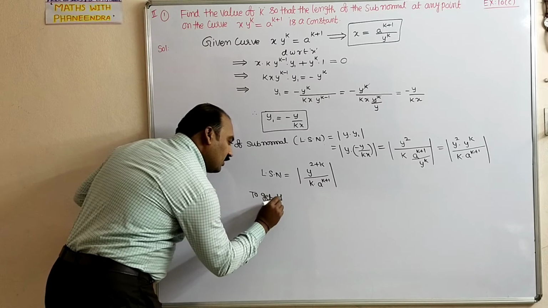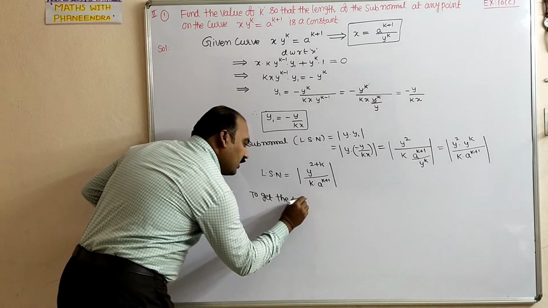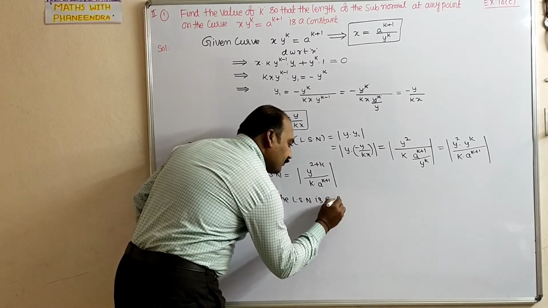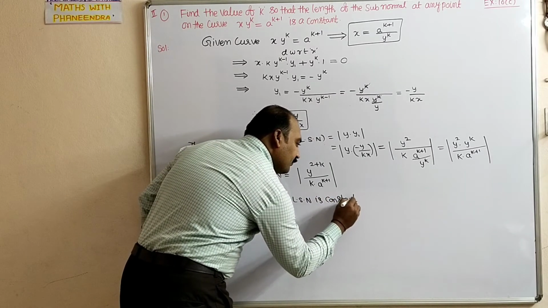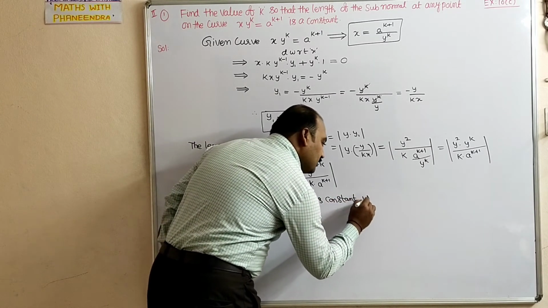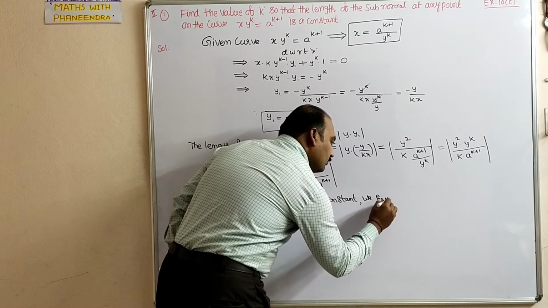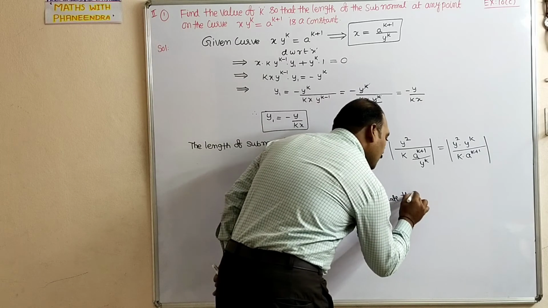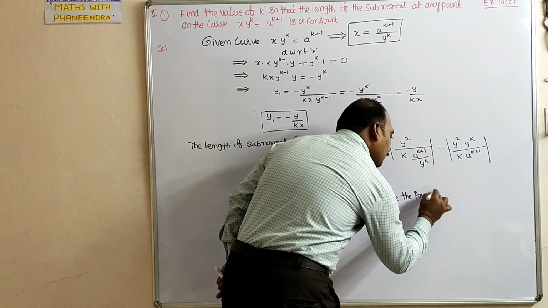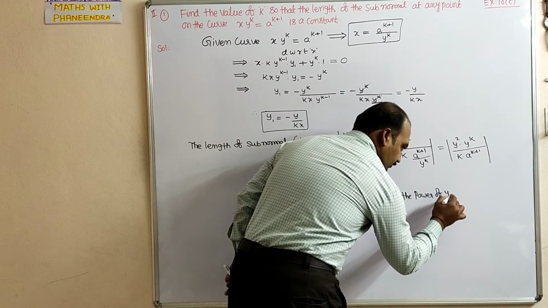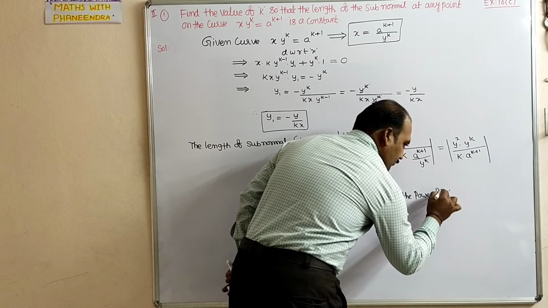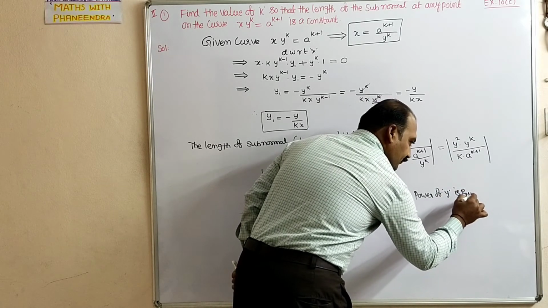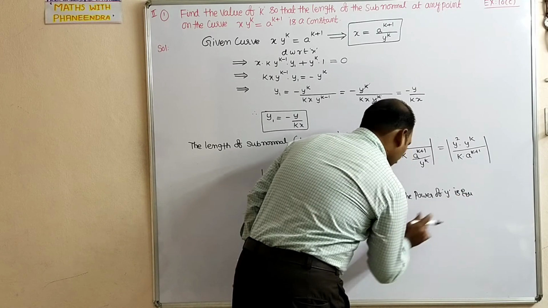So to get the length of subnormal constant, we equate the power of y is equal to 0. Already we wrote, no?